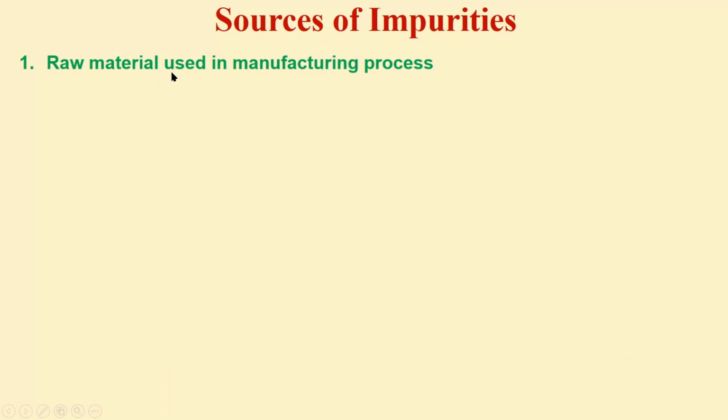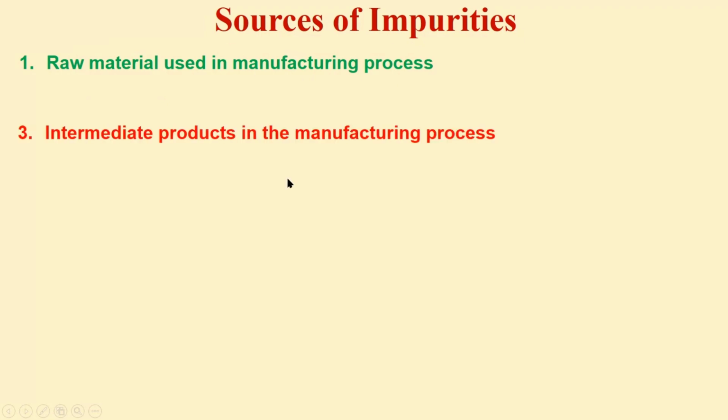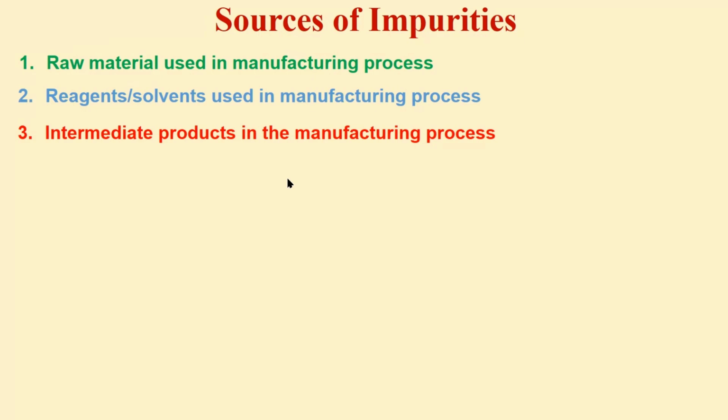What are the sources of impurities? The raw materials which we use in the manufacturing process may be a starting material. If the starting material is not completely converted into the product, it coexists with the product and can be an impurity. The intermediate products, if not completely converted into product, can be an impurity. Then the reagents or solvents we use in the manufacturing process. In total, raw materials, reagents, solvents and intermediate products used in the manufacturing process are the sources of impurity.